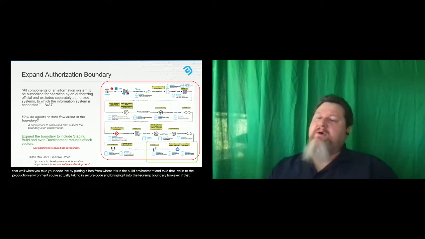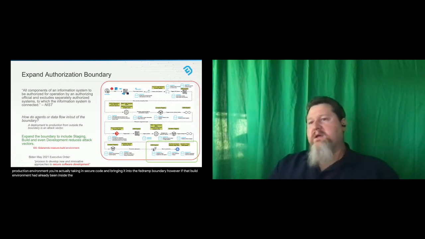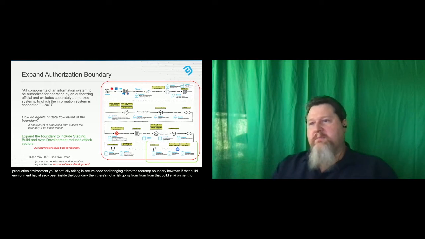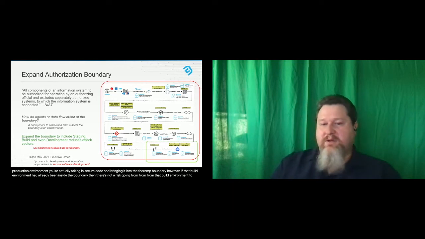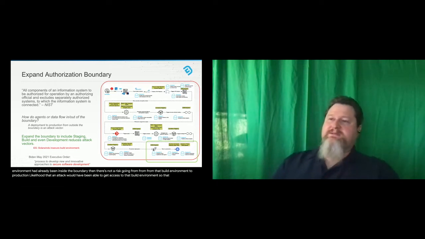However, if that build had already been inside the boundary, then there's not a risk going from that build environment to production, because there's less likelihood that an attacker would have been able to get access to that build environment. So that's the first step.